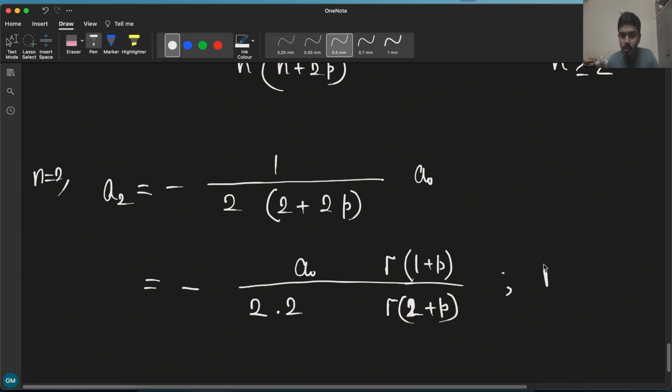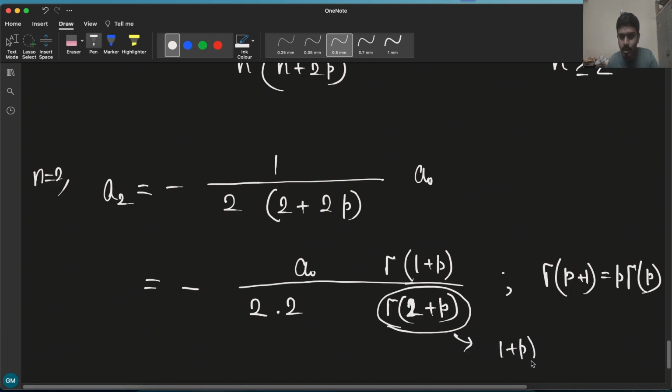So this gamma function follows the relation that gamma of p plus 1 equals p times gamma p. As a result, you can see that gamma of 2 plus p can be written as 1 plus p times gamma of 1 plus p.